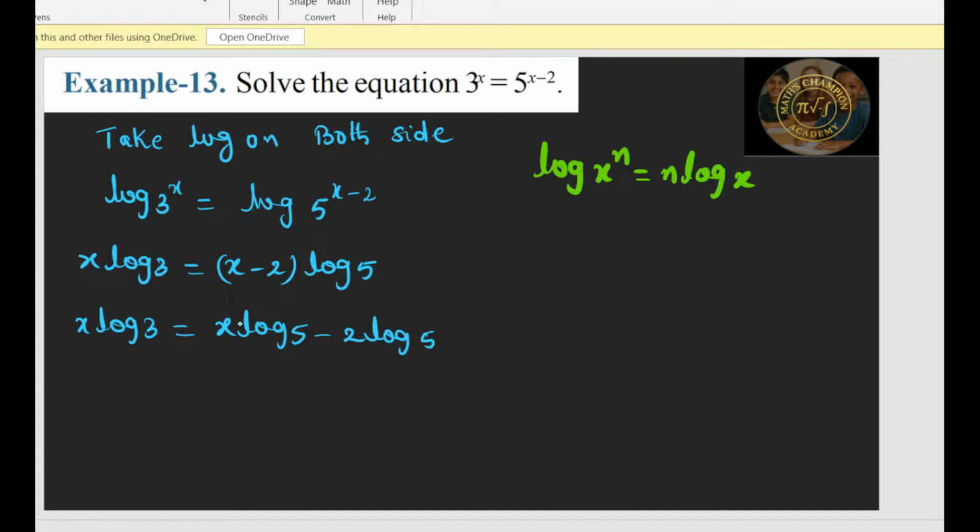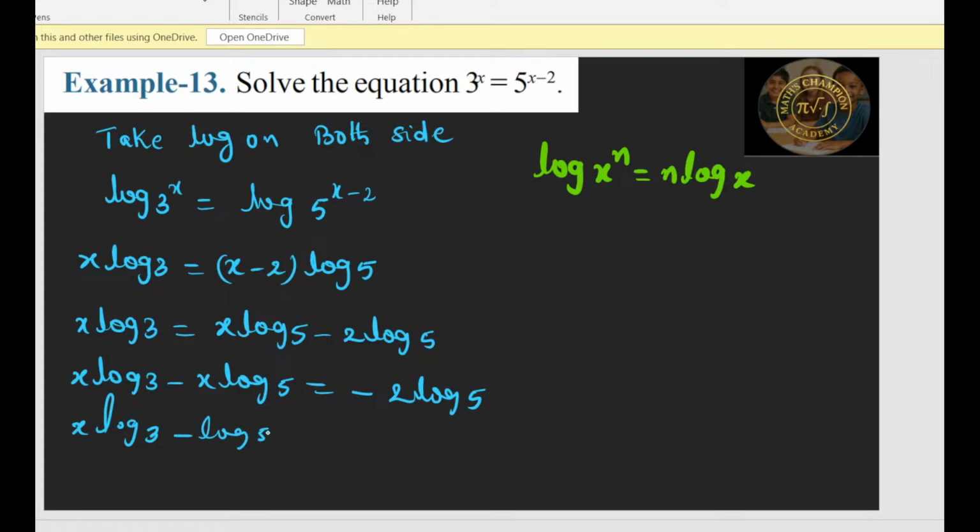Now take the x terms to one side: x log 3 minus x log 5 is equal to minus 2 log 5. From this, if you take x common, we can write x (log 3 minus log 5) in brackets is equal to minus 2 log 5.